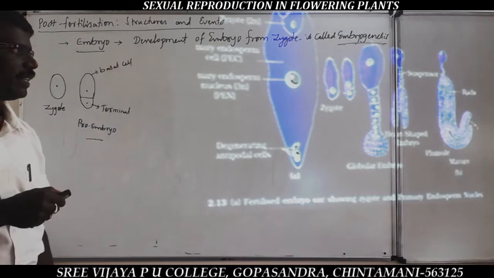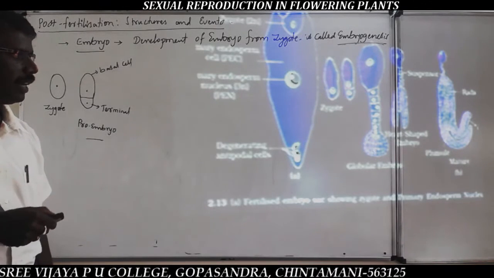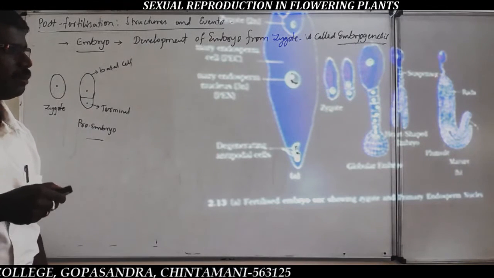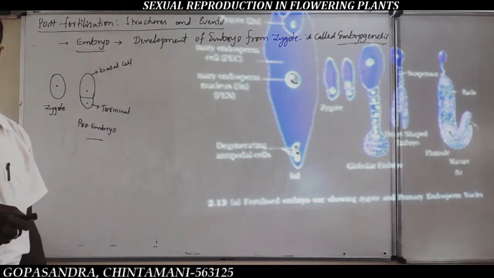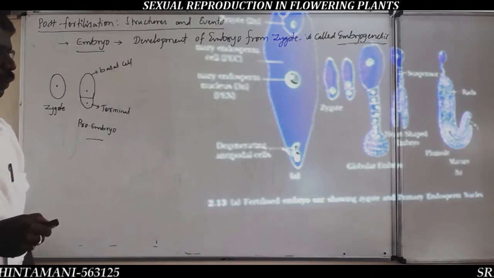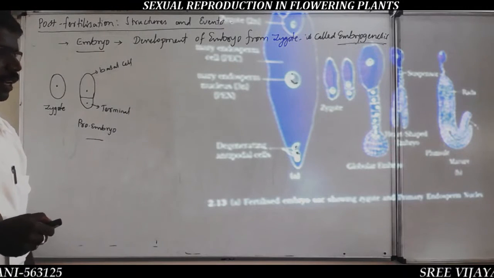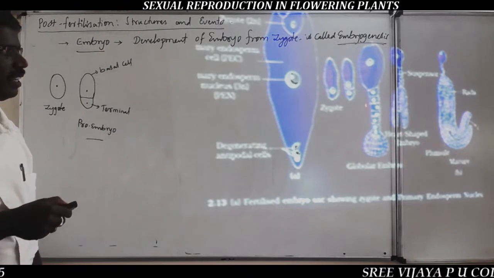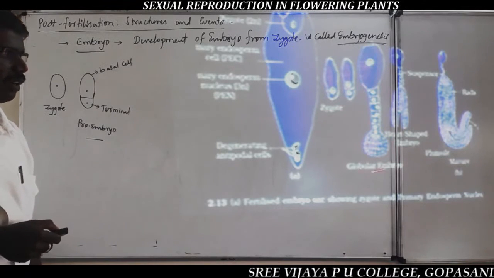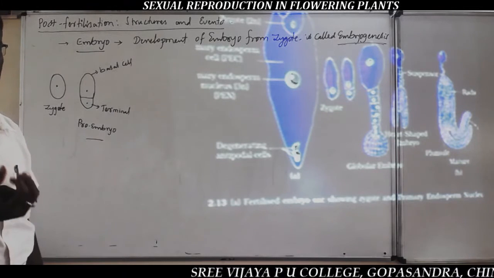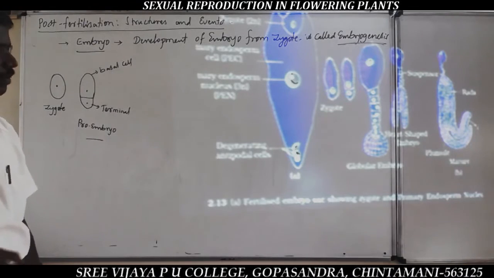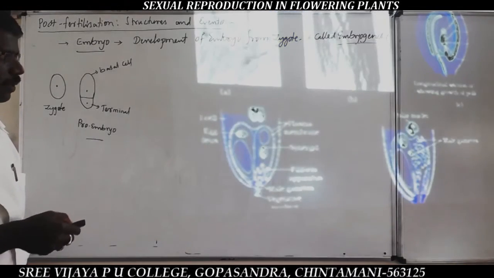The zygote divides into the proembryo, the globular embryo, the heart-shaped embryo, and the matured embryo. The terminal cell produces the entire embryo, and the embryo consists of a suspensor. Globular is nothing but a spherical, round shape.